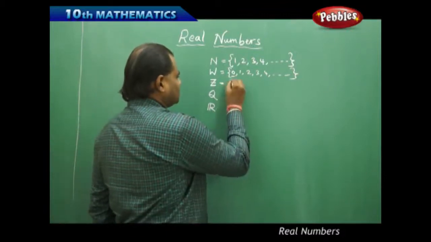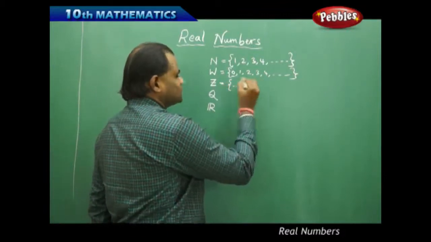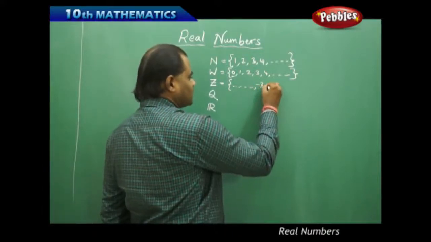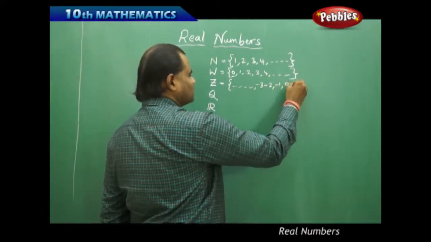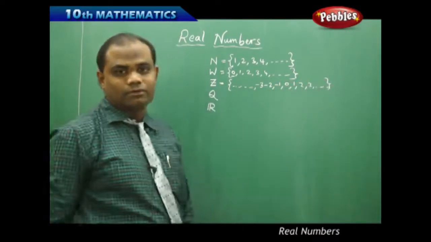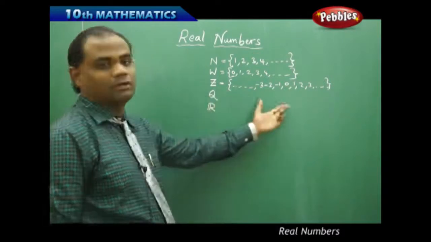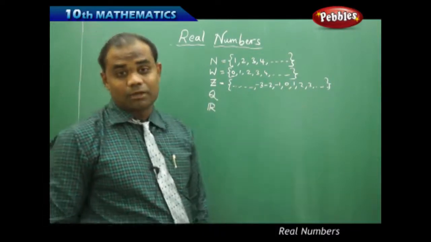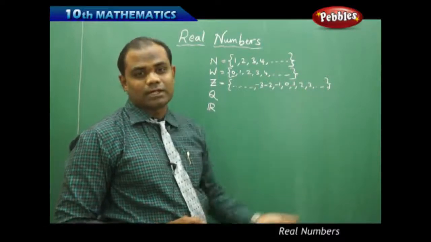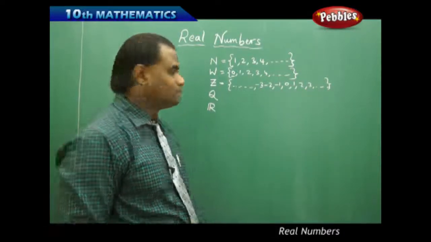Next, I have the integers, which start from negative infinity and include all the negative numbers in the form -3, -2, -1, 0, 1, 2, 3 and so on. So these are the types of numbers which are called integers. Integers have both negative and positive numbers, including 0, which is neither positive nor negative.